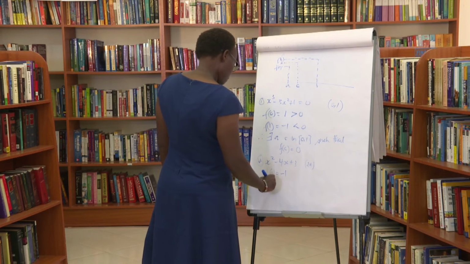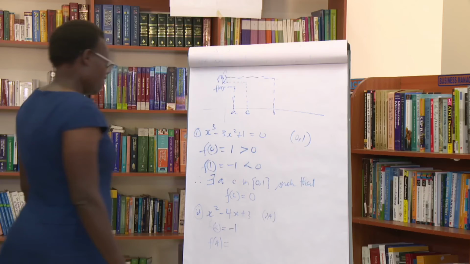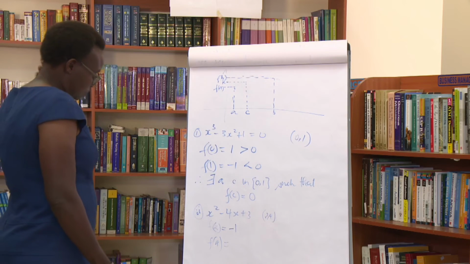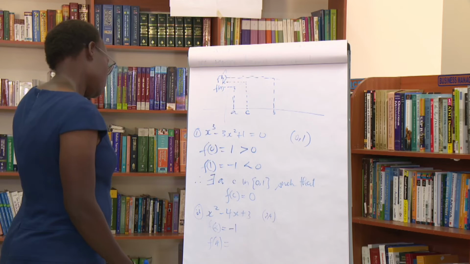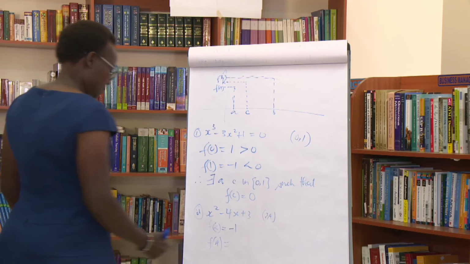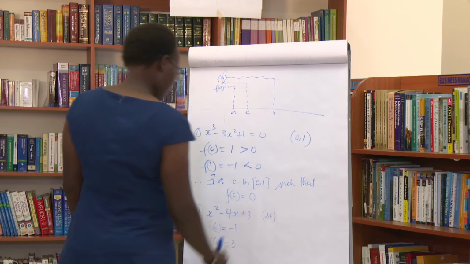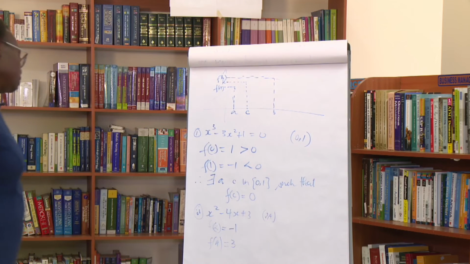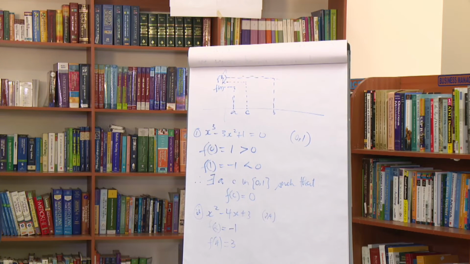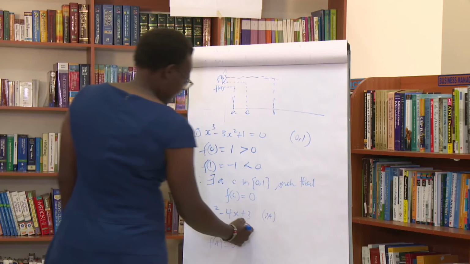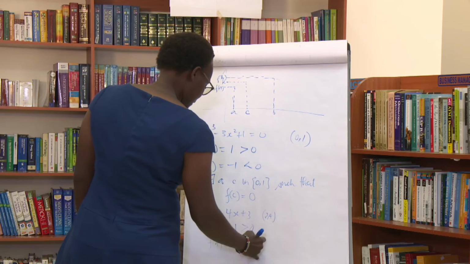And then f of 4 will give us 16 minus 16 plus 3. So this one again is less than 0, and this one is greater than 0.